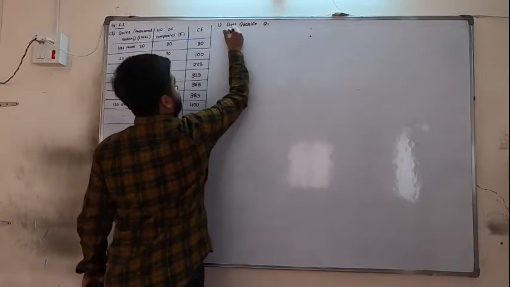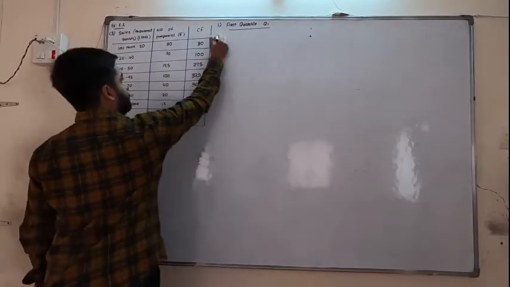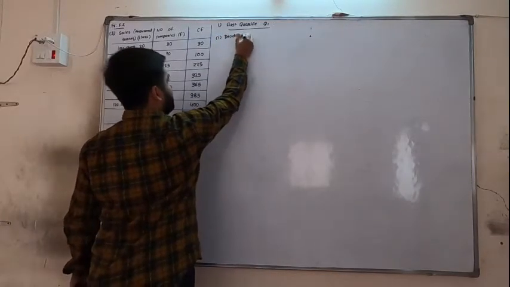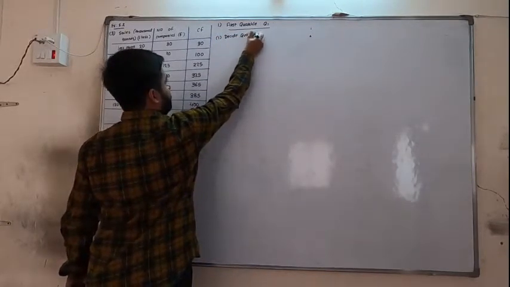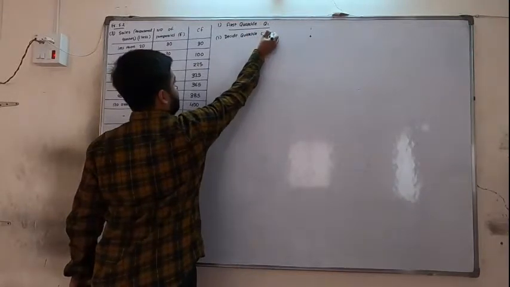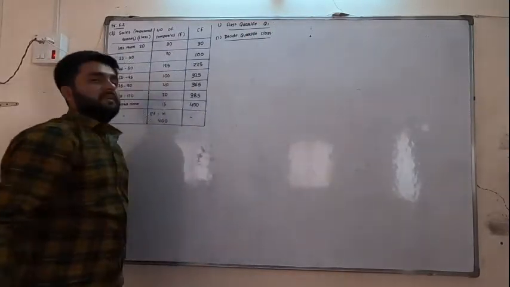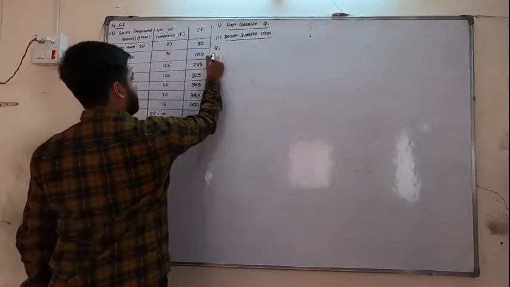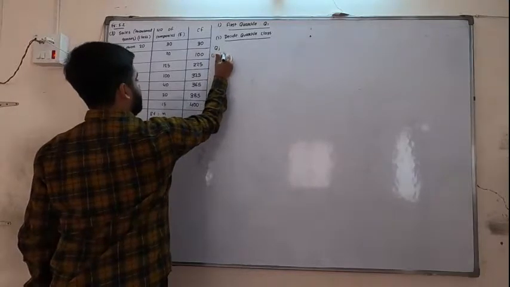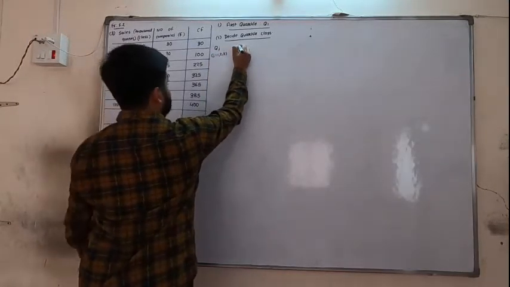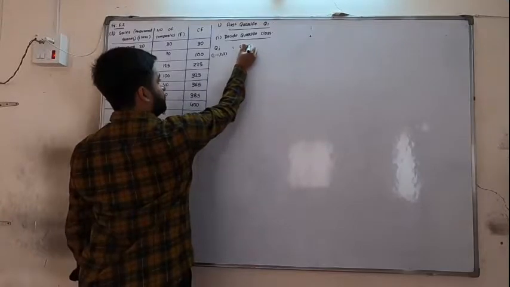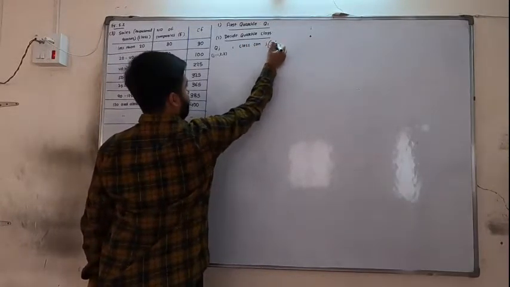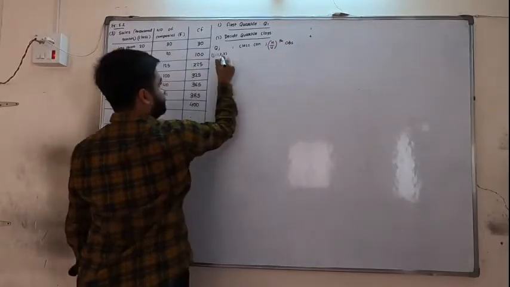first quartile Q1. First step, decide the quartile class. For that, Qj, j is equal to 1, 2, 3, is the class containing the j n by 4th observation.